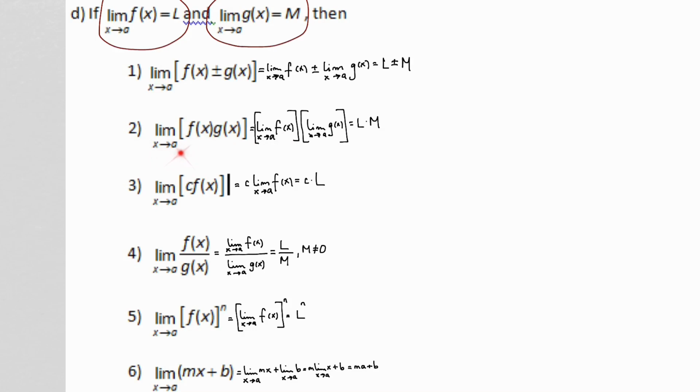Similarly, in 2, we have a limit of a product of functions, so that's the product of the limits, and we end up with L times m.